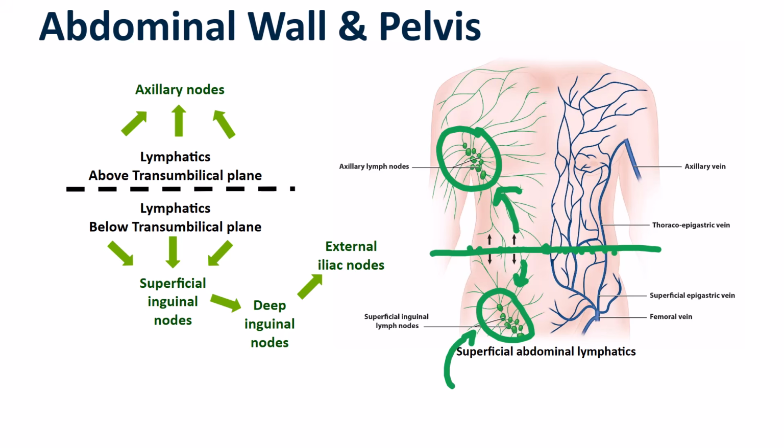So from those superficial inguinal nodes, we go to the deep inguinal nodes. So that's deep within the femoral triangle. And the deep inguinal nodes are going to ascend up to the external iliac nodes. And those external iliac nodes, as you recall, go to the common iliac nodes. All right, so far so good.